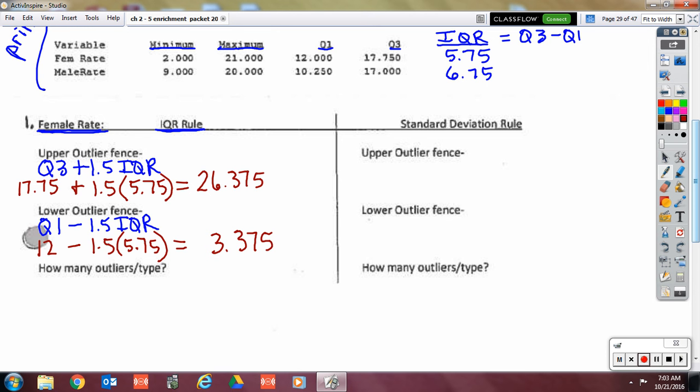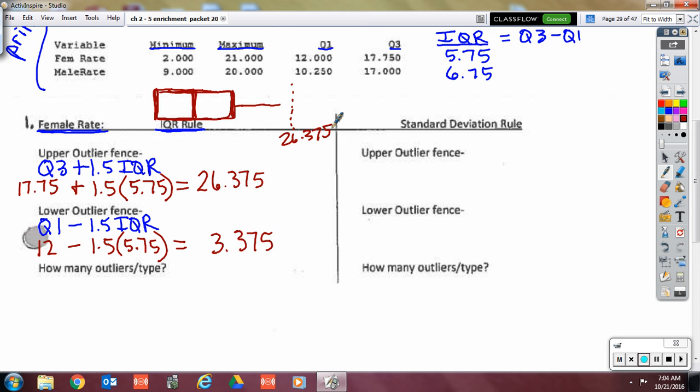And so I want to talk to you about how we then figure out if we have outliers. To do that, I'm going to give you an idea with a picture. So we have our box going on here. I'm not going to actually put it on a scale and everything. But you can tell, you come out here and then you have an outlier fence at 26.375 for the upper.